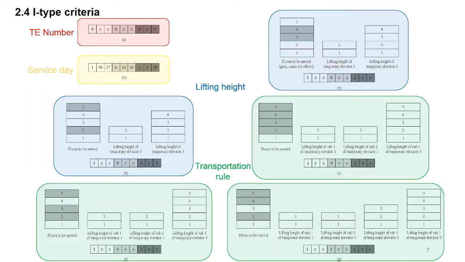As shown in the yellow part, the service period of temporary elevator 1 is from days 13.7 to 15, and that of temporary elevator 3 is from days 1 to 28. In this case, days 29 to 36 cannot be covered, so its chromosome is infeasible.